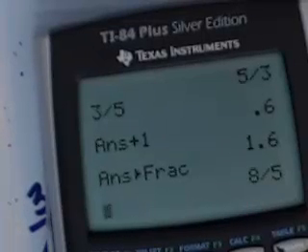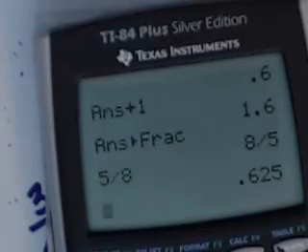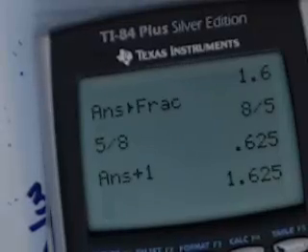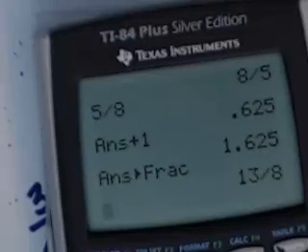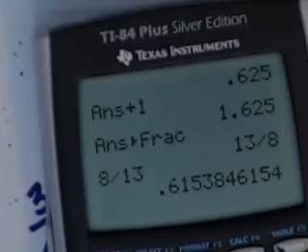I'm going to write the reciprocal and add 1. Change that to a fraction, write the reciprocal, and add 1.